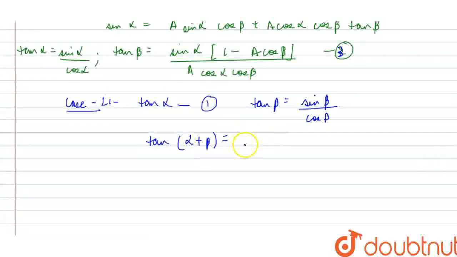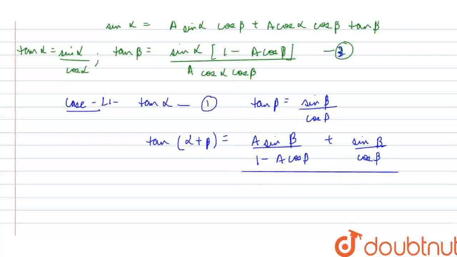Tan alpha is what we have calculated, that is a sine beta upon 1 minus a cos of beta, plus sine beta upon cos beta. This is in the numerator, and in the denominator it is 1 minus tan alpha tan beta, that is 1 minus a sine beta upon 1 minus a cos beta into sine beta upon cos of beta.